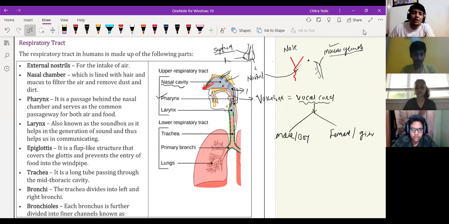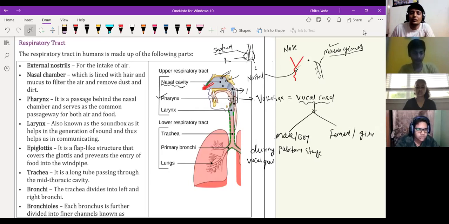So the vocal cord during the pubertal stage. I'm writing here: during the pubertal stage, the vocal cord grows much more in the case of males or boys.